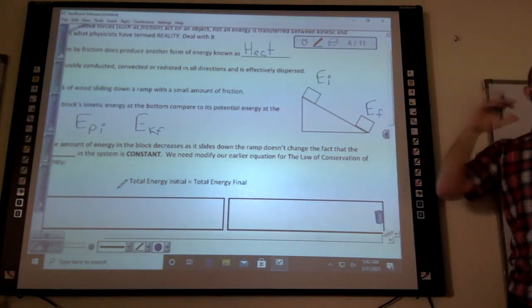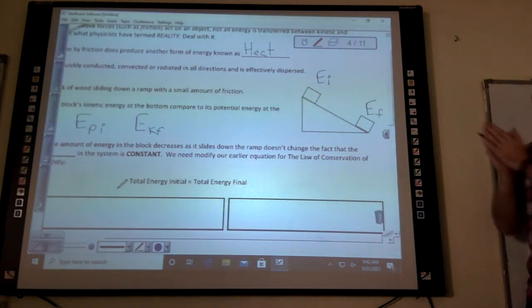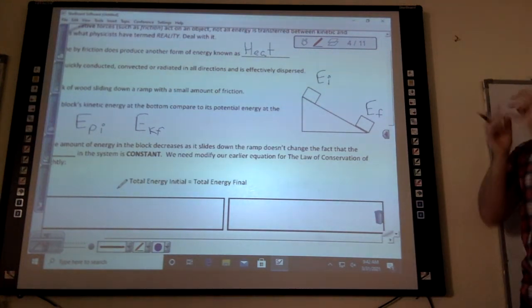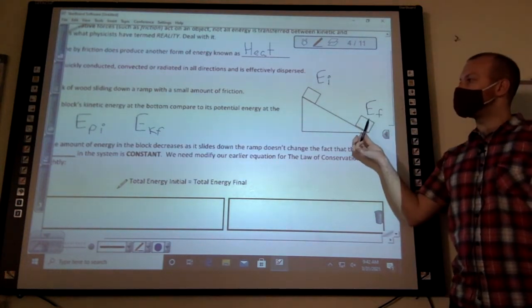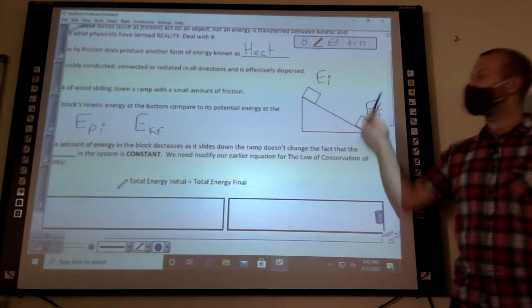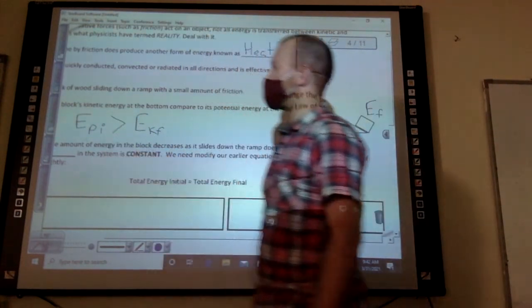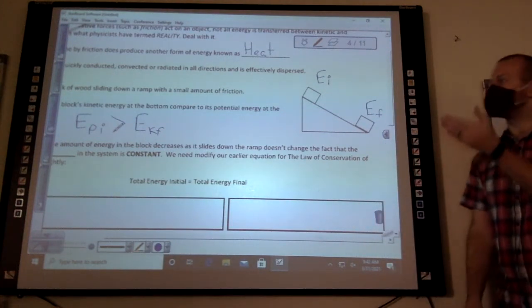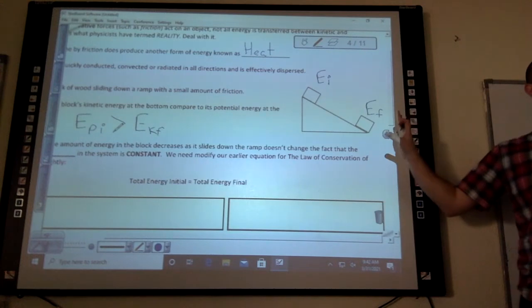However, part of it also goes to heat, which I think, Haneen, that's what you said, right? So my EPI, which is the initial energy here, part of it gets converted into kinetic energy, but part of it's lost as heat. So it goes like this. The initial energy is going to be slightly higher than the final energy of the block.